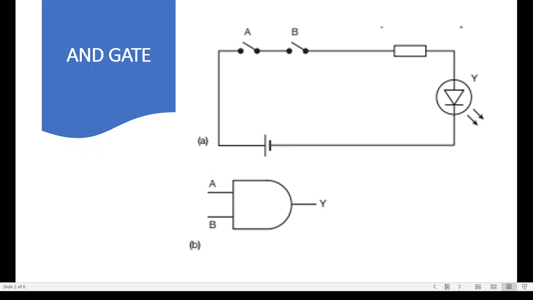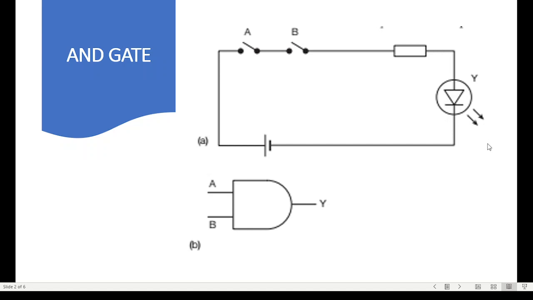Now, when you want to represent an AND gate, we would use this diagram as you're seeing, A B. So switch A would be input A, switch B would be input B, and the output Y would be the lamp. Good. As we go along, I'm going to integrate some things. Remember, a resistor is placed in series right here to protect the LED, the light emitting diode.